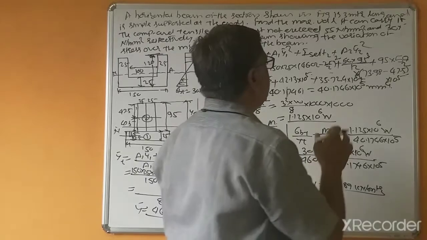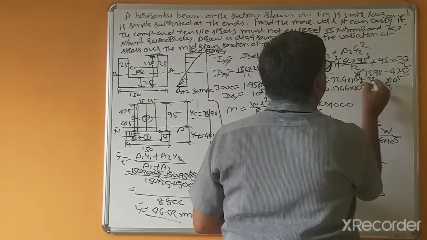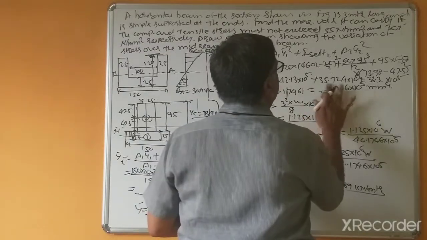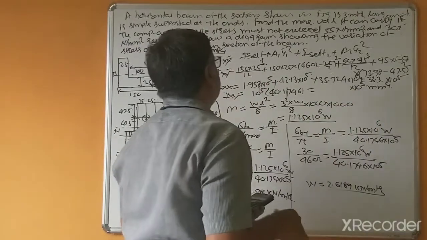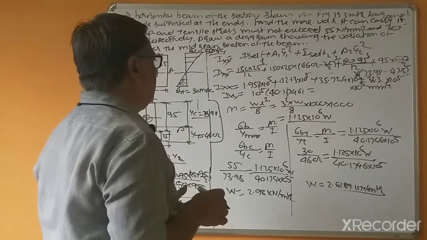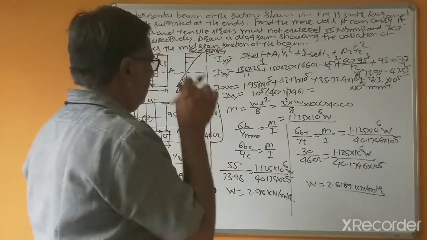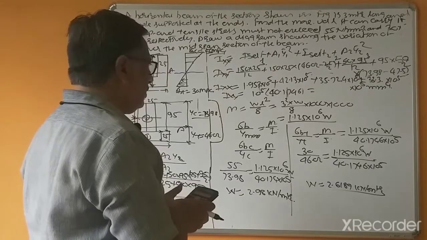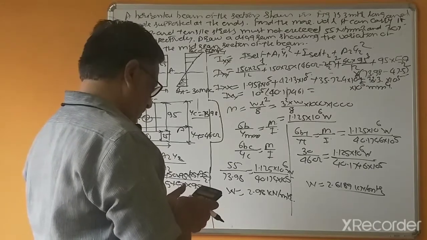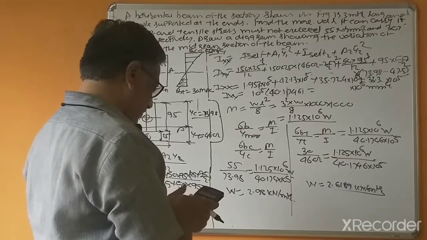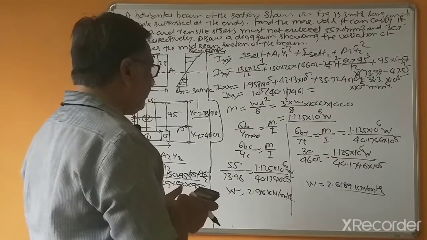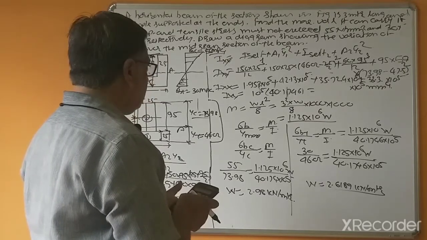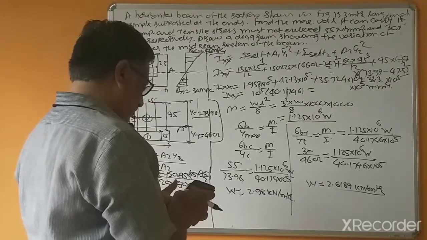This is 33.33. So that's why this value changes. 33.3, 35.724 plus 42.13 plus 0.953.